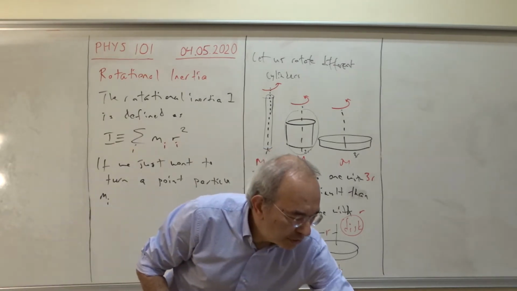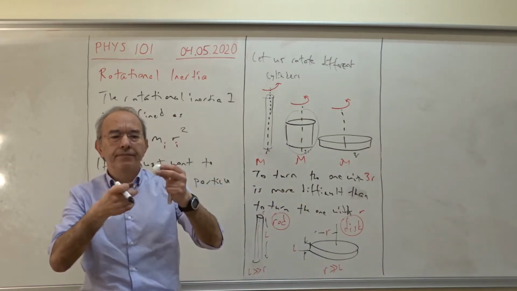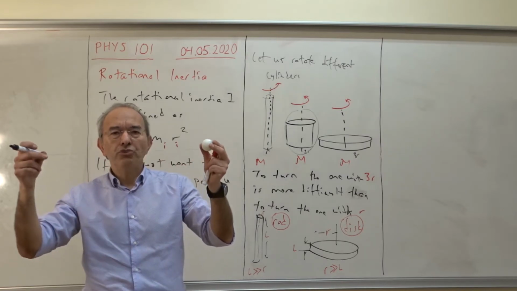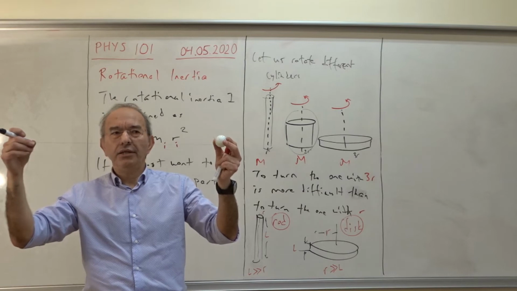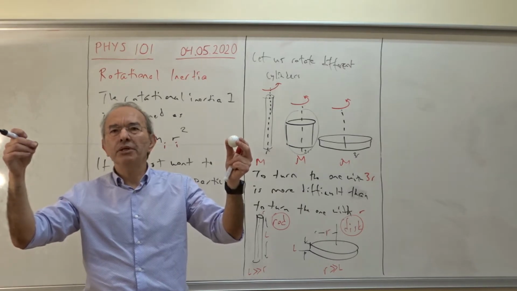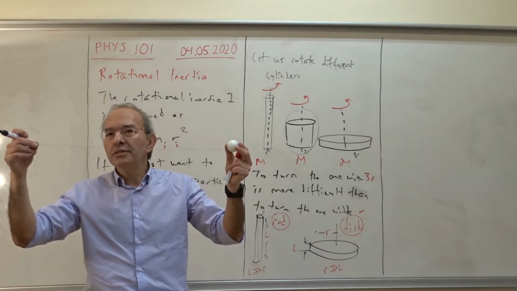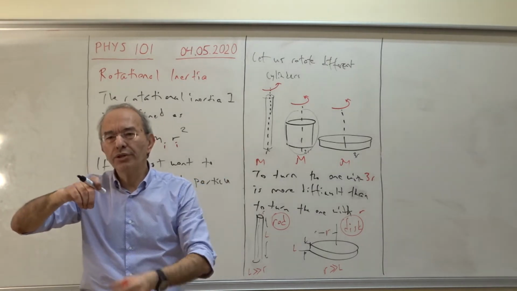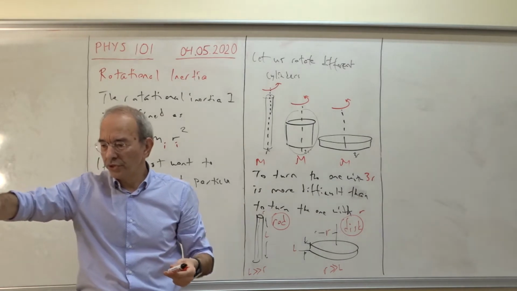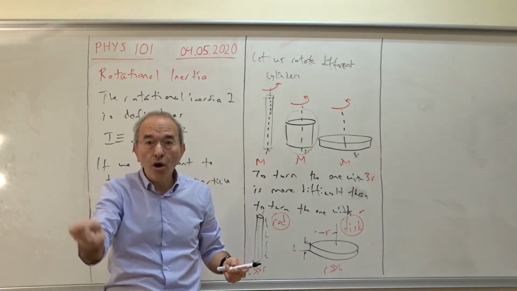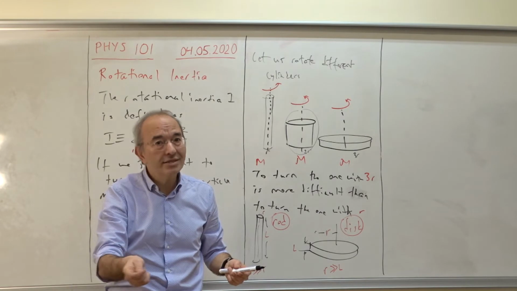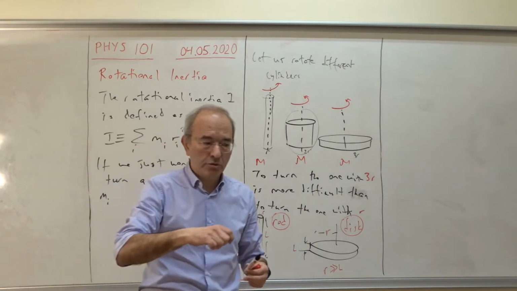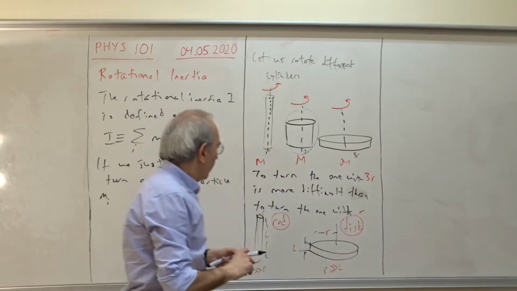Because this ball has a radius of maybe 1 or 2 centimeters. But if you turn this object at a radius of around, let's say, 40 centimeters, 1 centimeter is sufficiently smaller than 40 centimeters, so that in this rotation you can consider this table tennis ball as a point particle. You don't have much error in such approximations.